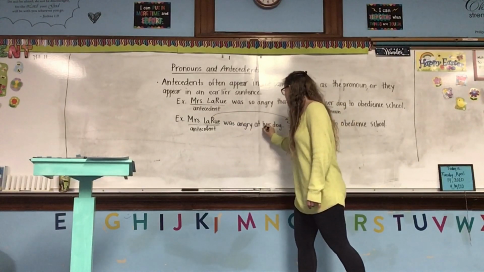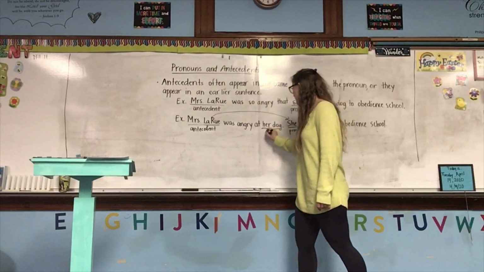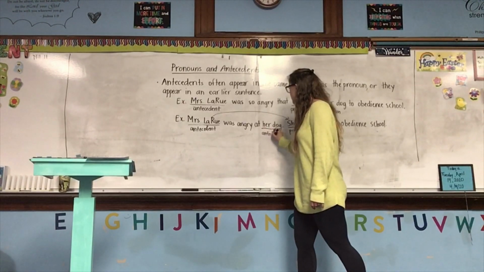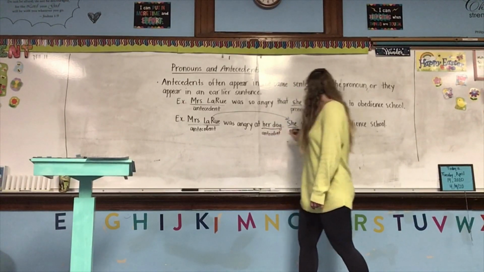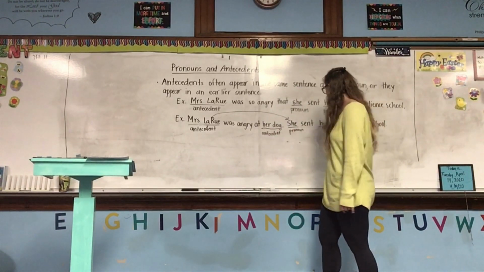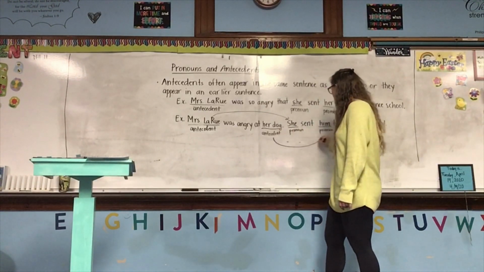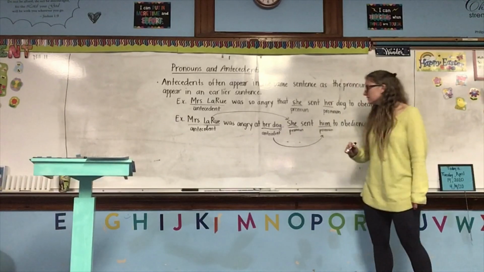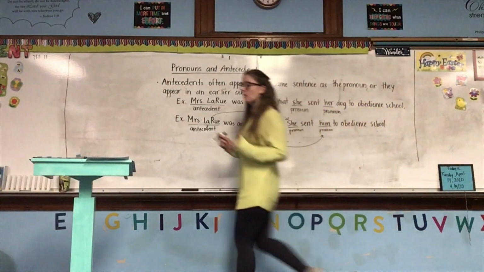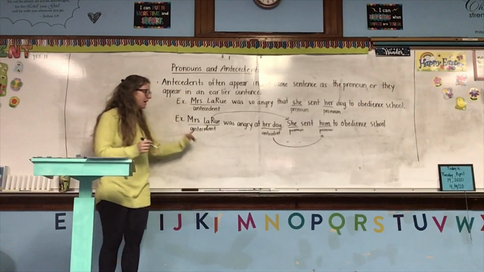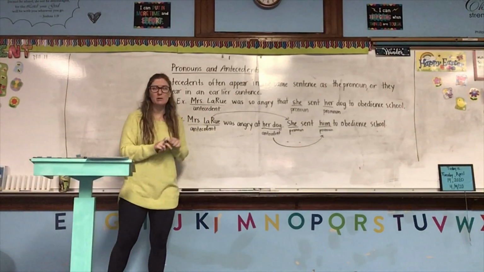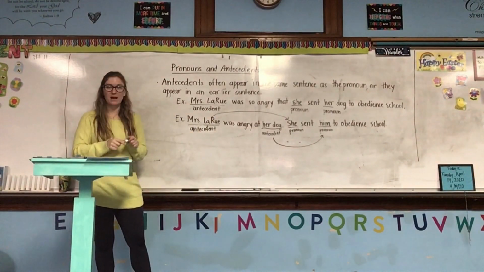And her dog is the antecedent for him. And even though they are in two different sentences, they come close enough that we know when we say she, we're talking about Mrs. LaRue, and when we say him, we're talking about her dog.